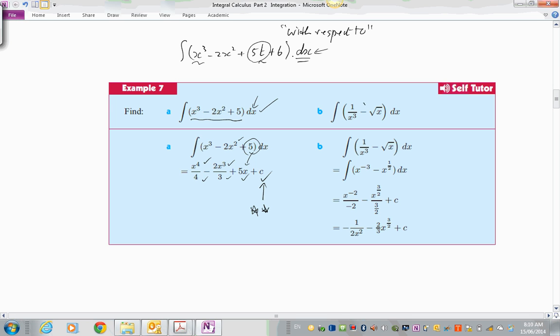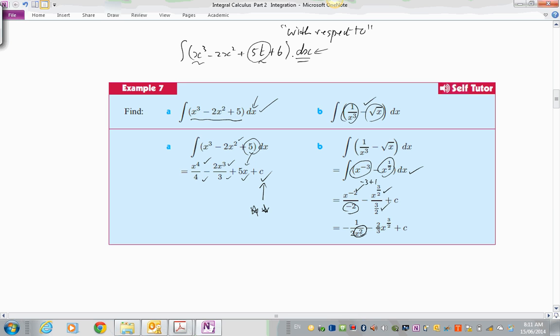Let's look at this one. Oh, nasty. We're going to have to change that to a power, and this one to a power, and naming the variable with respect to x, and so increasing the power by 1. Remember, neg 3 plus 1 is neg 2 divided by a new power, and a half plus 1 is 3 over 2 divided by 3 over 2. So here, putting x to the neg 2 down the bottom line.